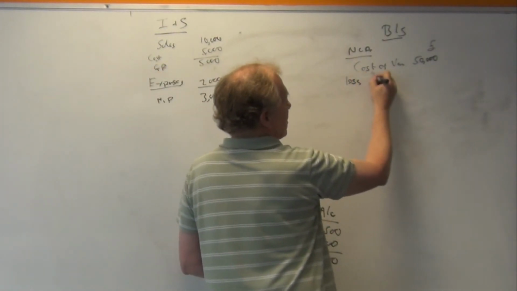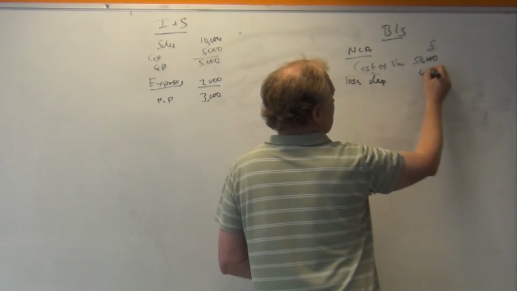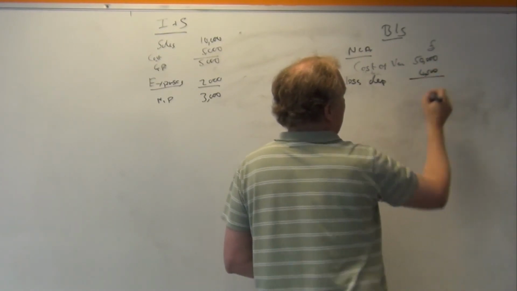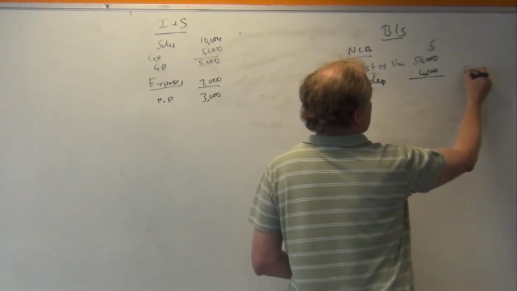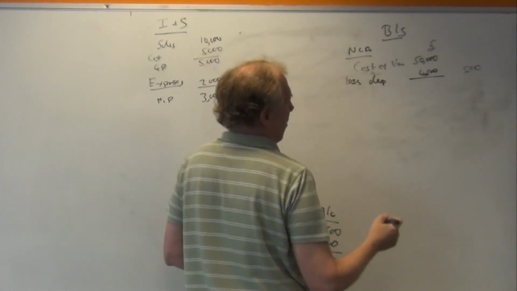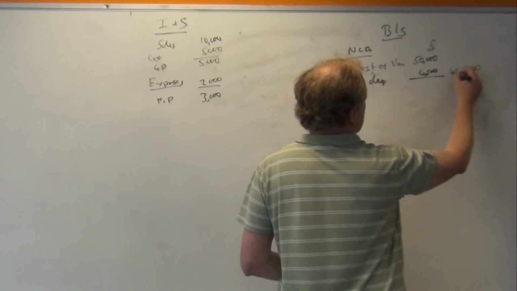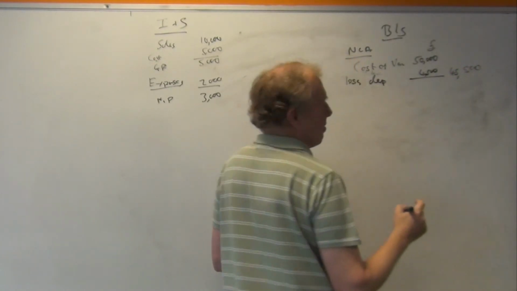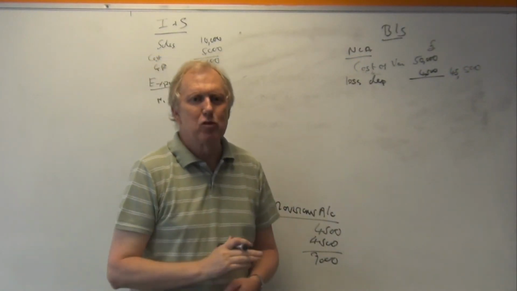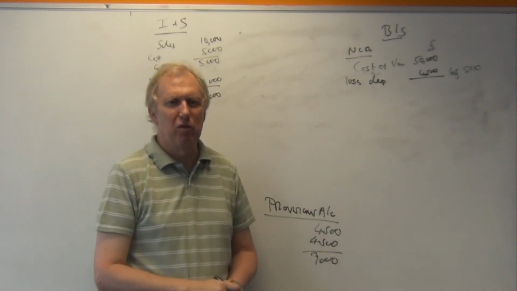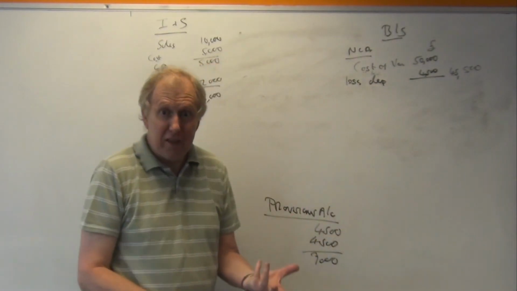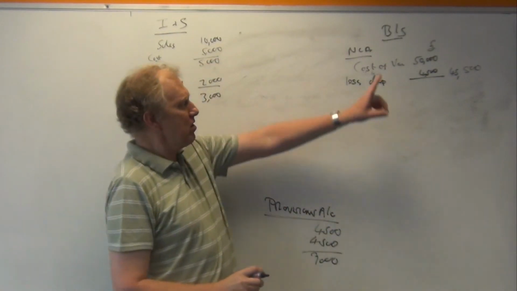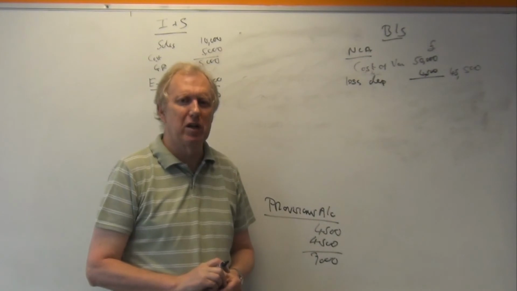Less depreciation, 4,500. If I take that off, what do I get? I get 45,500. That's called net book value. That's a technical term, net book value. All it means is what you think that thing is worth at that time, because there'll be a date up there, normally at the end of the financial year.